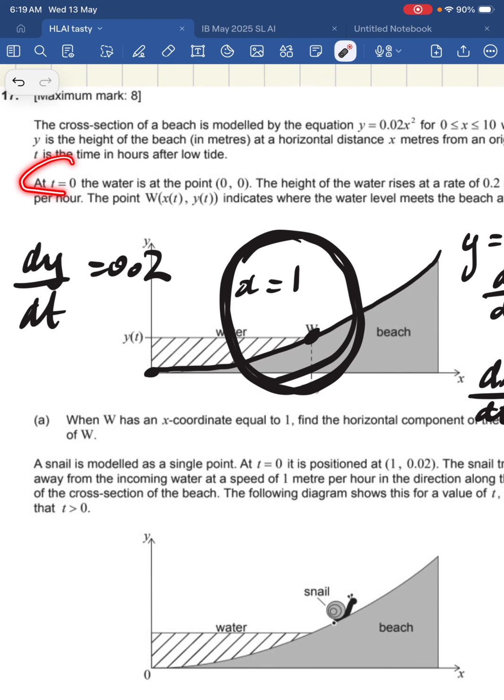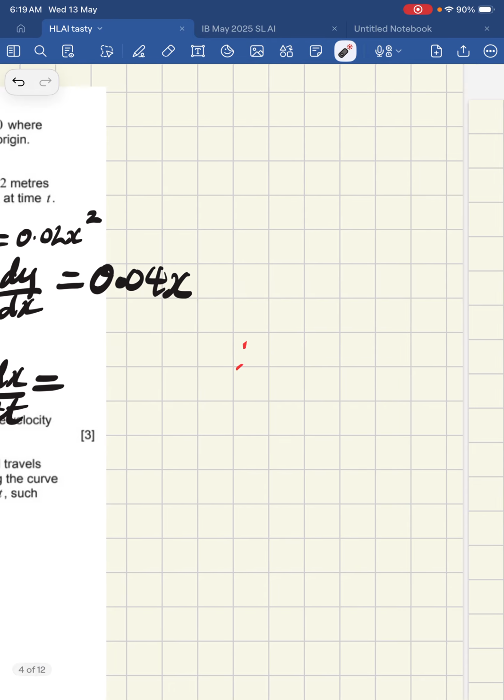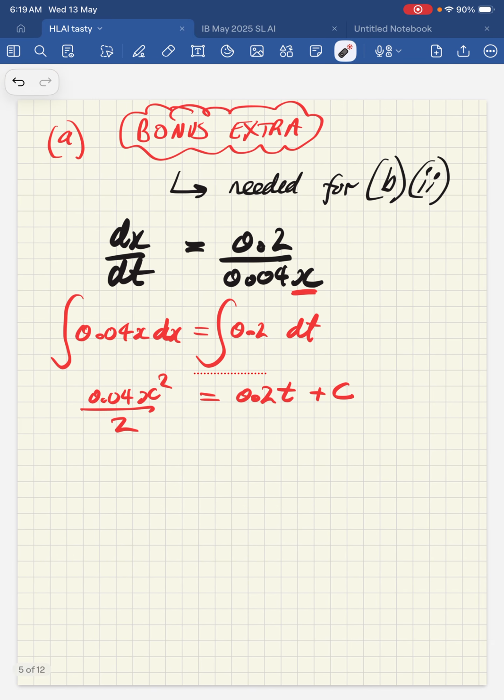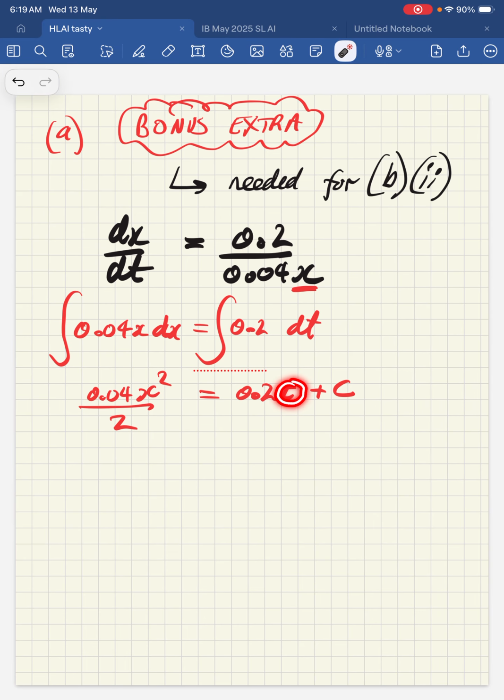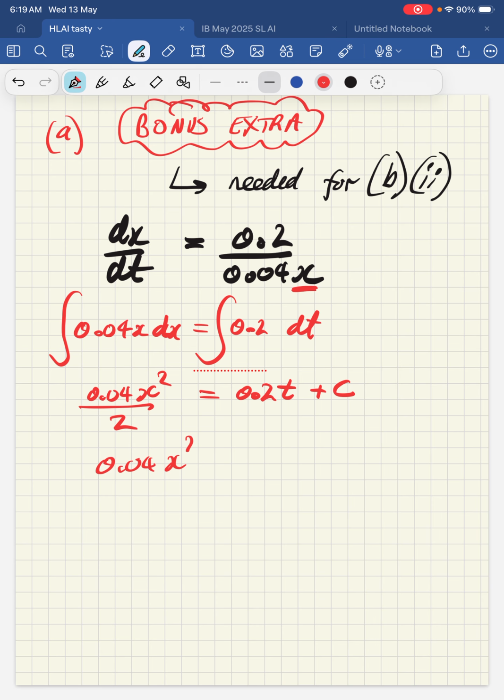Look, at t equals 0, we've got an x coordinate of 0 there, right? So let's go back here. If t equals 0, then x is 0, and you can see that c would be 0. So this equation is actually 0.04x squared over 2 equals 0.2t.